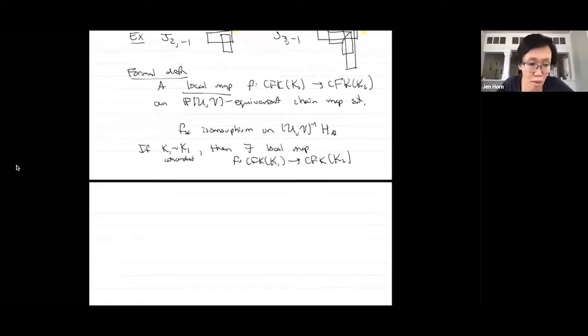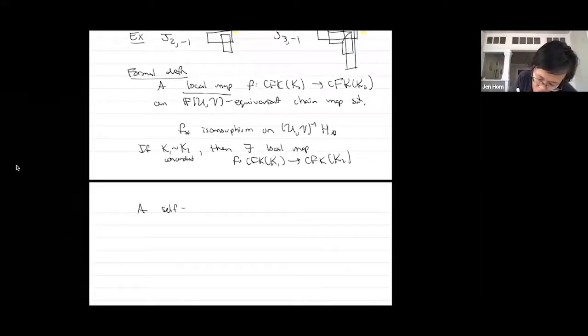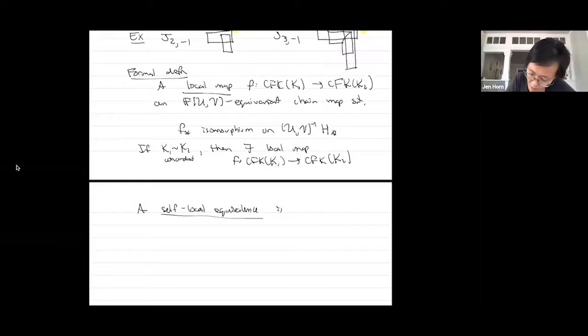Okay, so that's what a local map is. And then we can define a self-local map. We'll call self-local equivalence a local map from the knot Floer complex to itself.